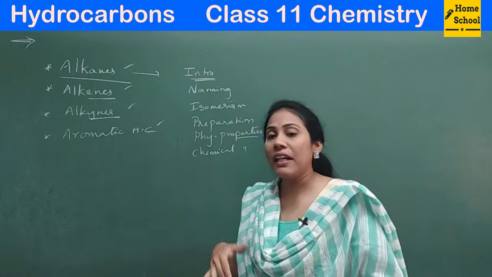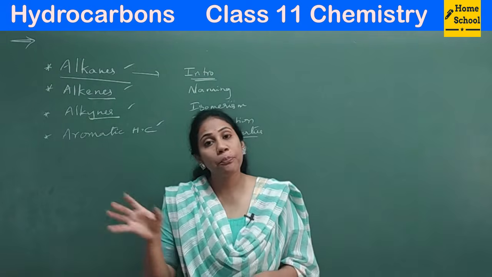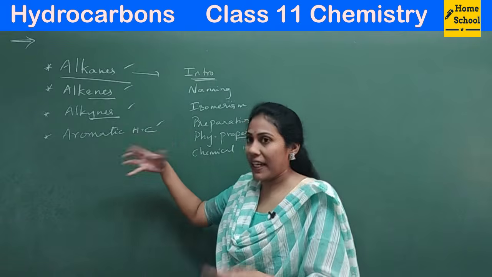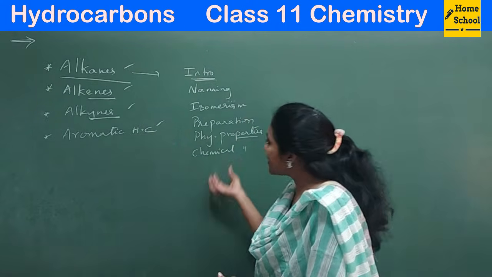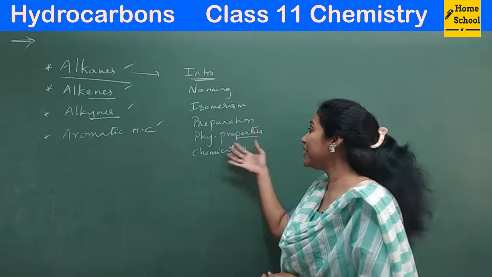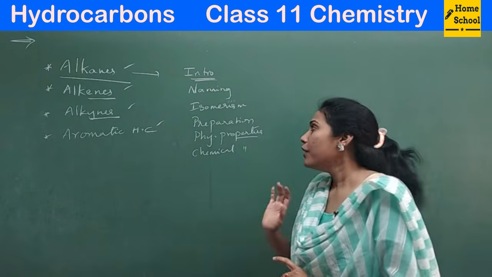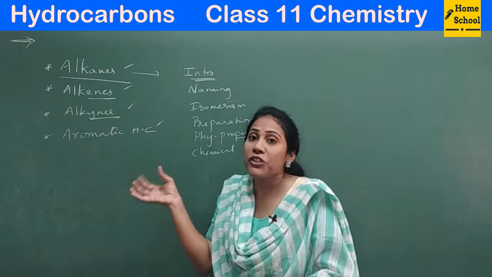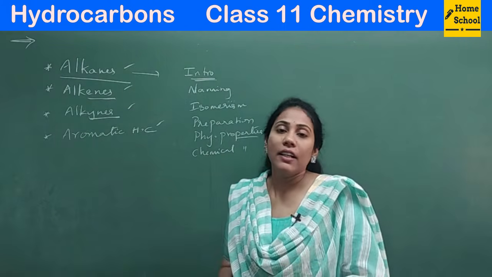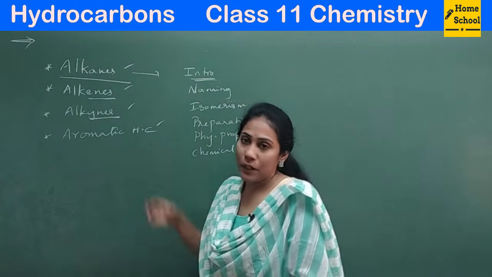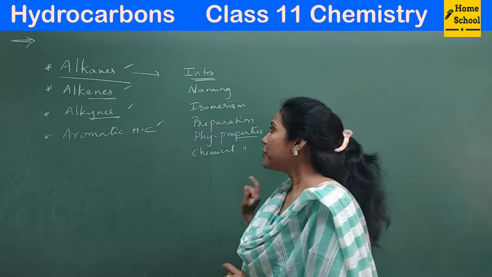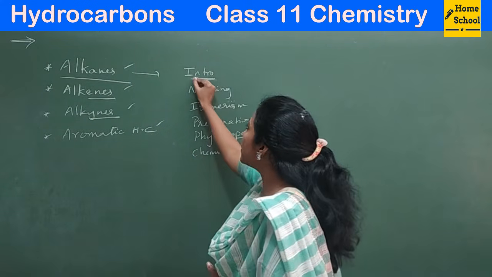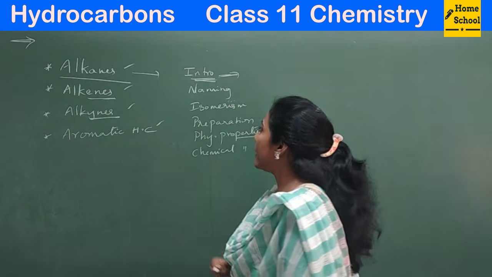Okay, so in the entire organic chemistry chapters, both in 11th and 12th, every type of organic compound is studied in this pattern itself, under these headings itself. So you must carefully understand the pattern, in which way we are going to study these types of compounds. Okay, fine. So let us start with the first variety, alkanes. The first thing is introduction.